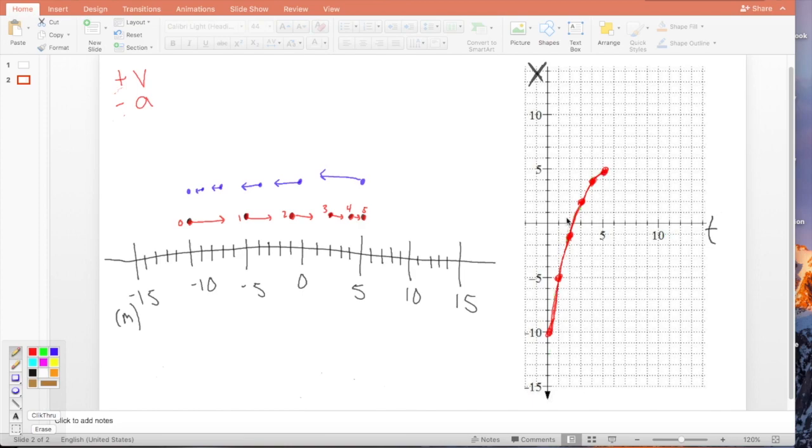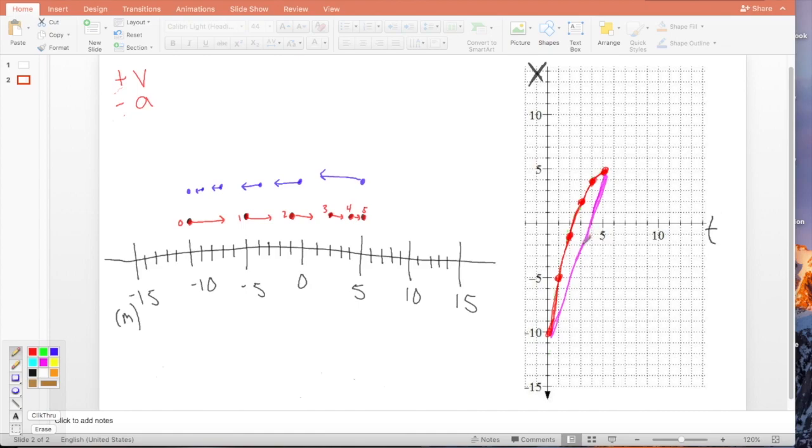So instead of taking into consideration all of the changes here, remember acceleration means a change in instantaneous velocity. The velocity is decreasing, decreasing, decreasing. The average does not really care about that. The average is an overall comparison of the starting and the ending. So I would have a line like this.